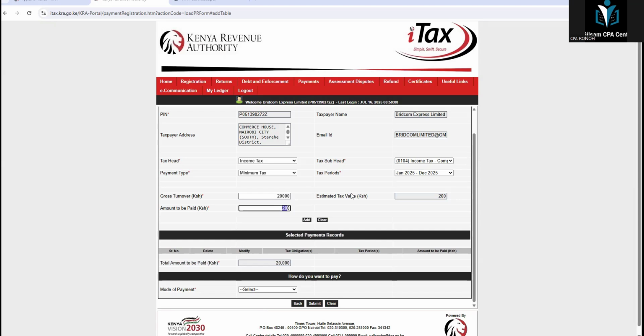If I have 1 million as taxable, if I take 1% of that, I will pay 10,000. But if I have 1 million and multiply by 30%, I'm going to pay 300,000. So you see, if you go with minimum tax, you might end up paying less compared to the other one. Okay, good. So any questions?